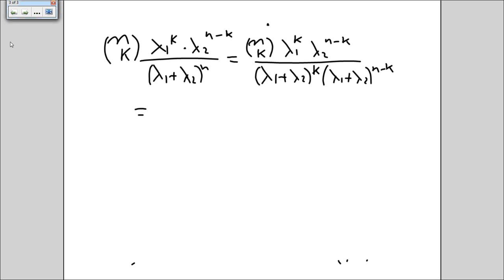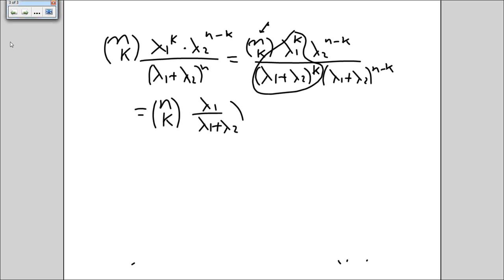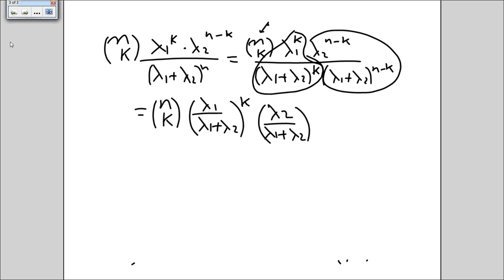So we have this piece, n choose k. Now everything is being multiplied or divided times this, n choose k times that. But the powers are the same, so I can divide the bases, lambda 1 over lambda 1 plus lambda 2, keep the power, and do the same with the next piece: lambda 2 over lambda 1 plus lambda 2, all to the n minus k power.